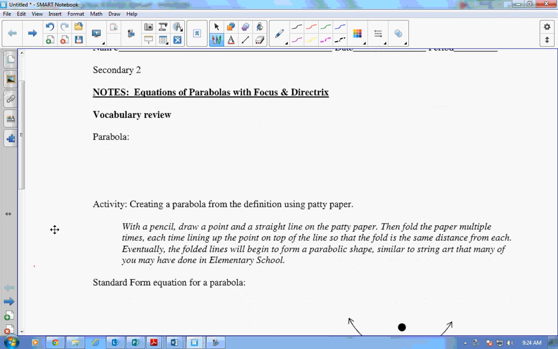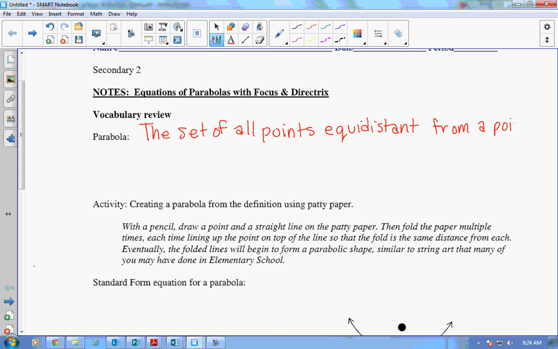A parabola is the set of all points that are equidistant from a special point called, actually no, it's not the vertex, called the focus, and a line called the directrix.